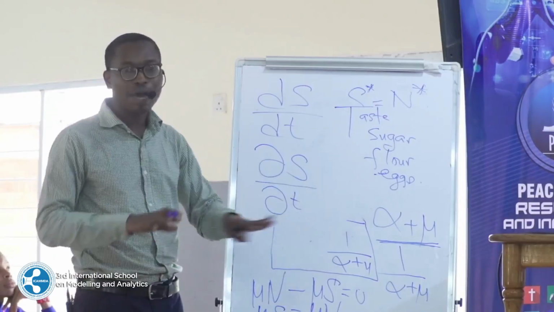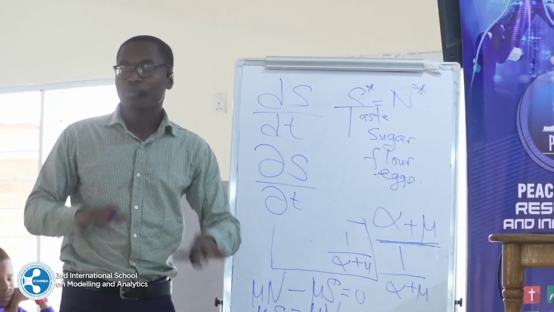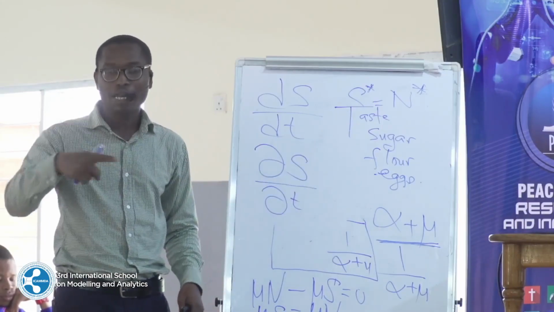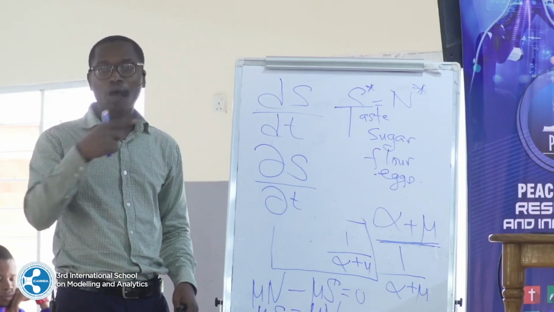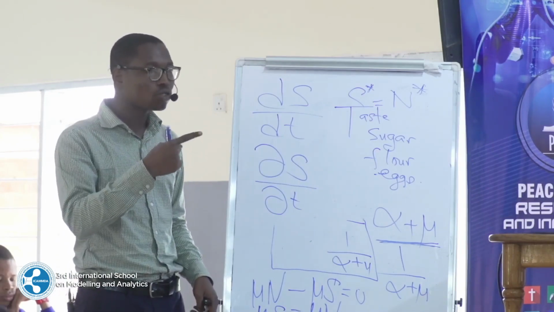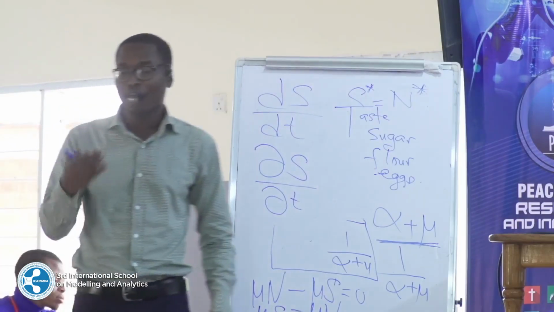I will keep my egg, every other ingredient, constant, and then I keep changing my sugar level, and see how it affects the taste of the cake. So similar concept, that's how partial derivatives work.